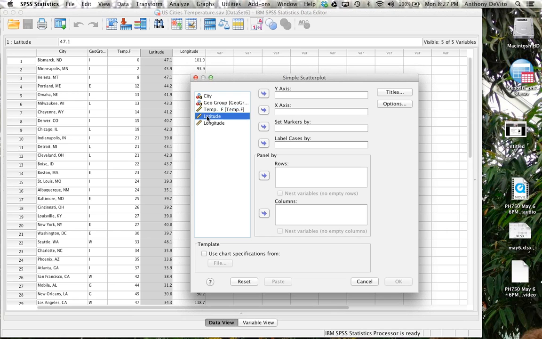But if I'm later going to be interested in using one of these to predict the other, then I'm going to want to put the independent variable in the x-axis and the dependent variable, the one that's determined by the other, in the y-axis. Which one do you think should be the x-axis then, latitude or temperature? I'm sure you guys have an opinion.